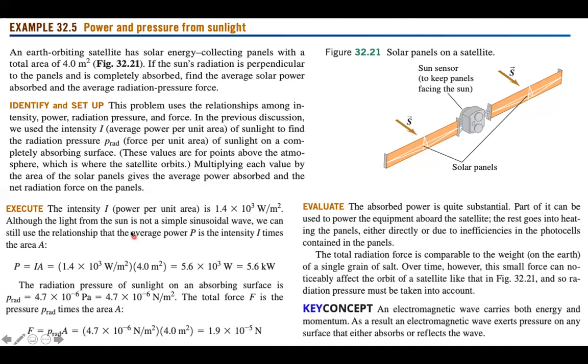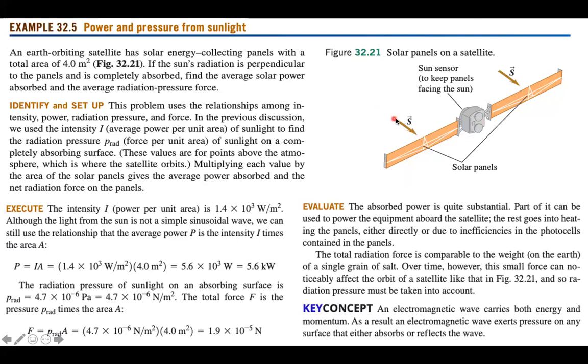So there are two things here that one has to think about. You have this S vector that is being produced by the radiation from the sun, and there are two things that will happen. These panels in a satellite are designed in general to capture the energy and transform it finally into electrical energy to move or do things inside the satellite, okay?